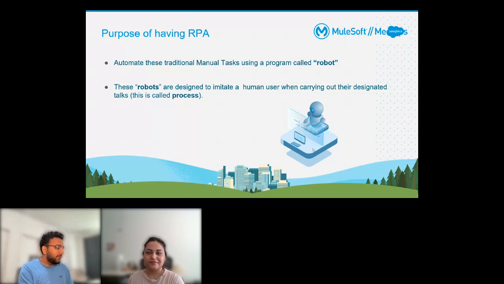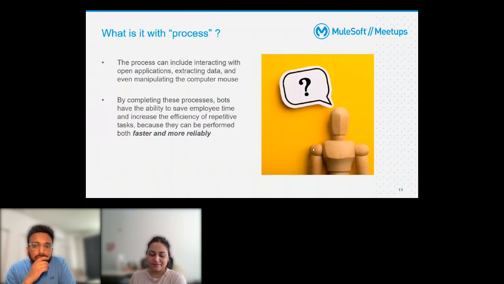And what is in this process? This process can include interacting with open applications and extracting data. When I say open applications, I mean web browsers. For example, you need to catch today's headline from bbc.com, but bbc.com doesn't expose an API to get the data. So there is no way that we can use MuleSoft to integrate with BBC.